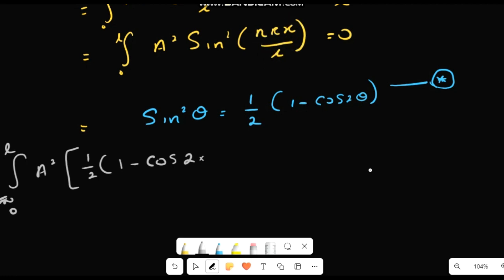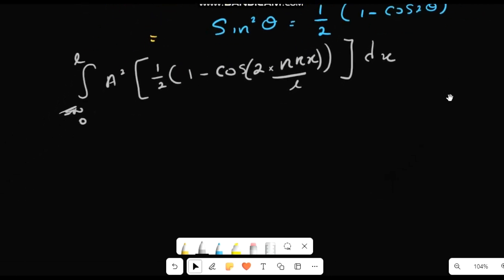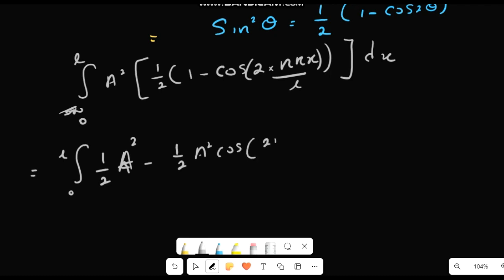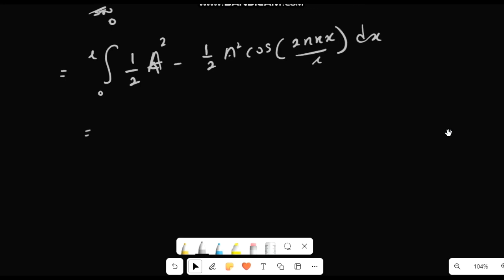Simplifying this, it is the integral from 0 to L of 1/2 A squared minus 1/2 A squared cos(2nπx/L) dx.